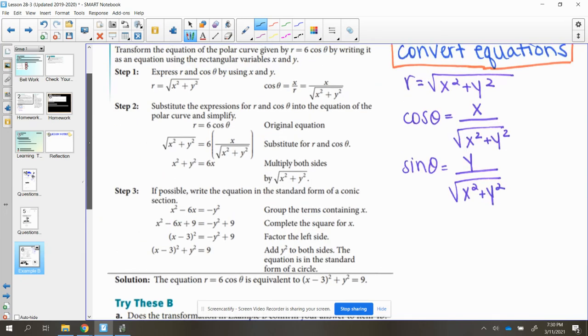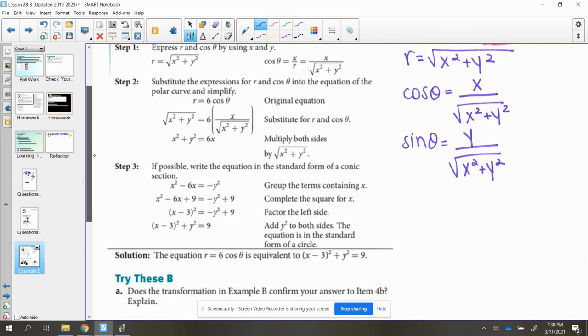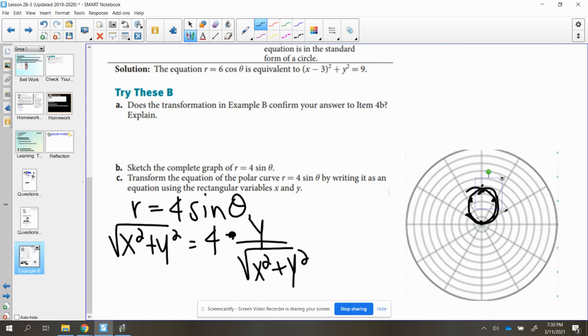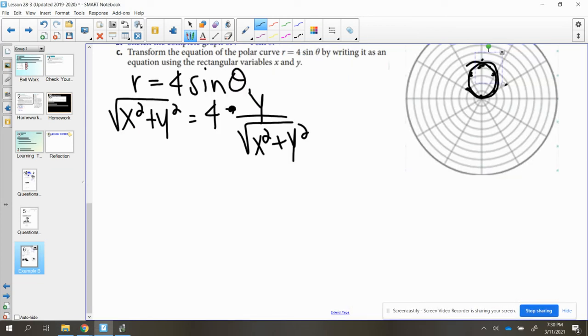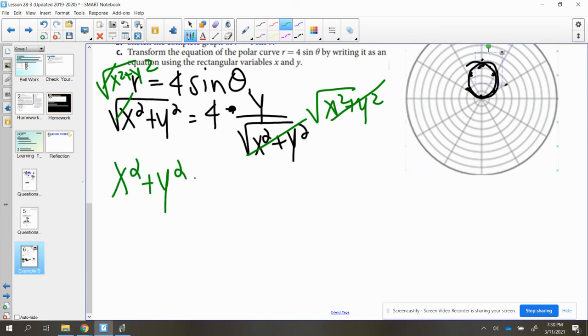Again, making sure we have these equations written down to make that useful substitution. Now, when we multiply both sides by the square root of x squared plus y squared, it cancels on this side, and anytime you multiply a square root by itself, the square roots cancel, and we're just left with x squared plus y squared equals 4y.